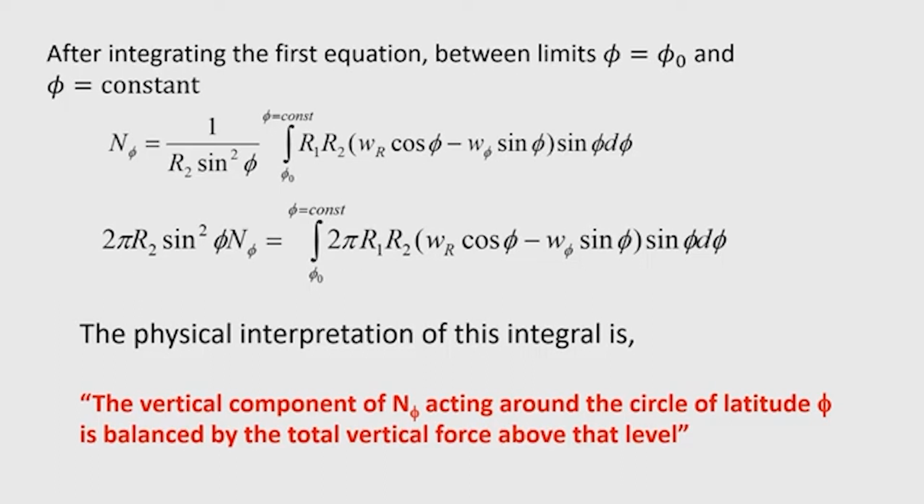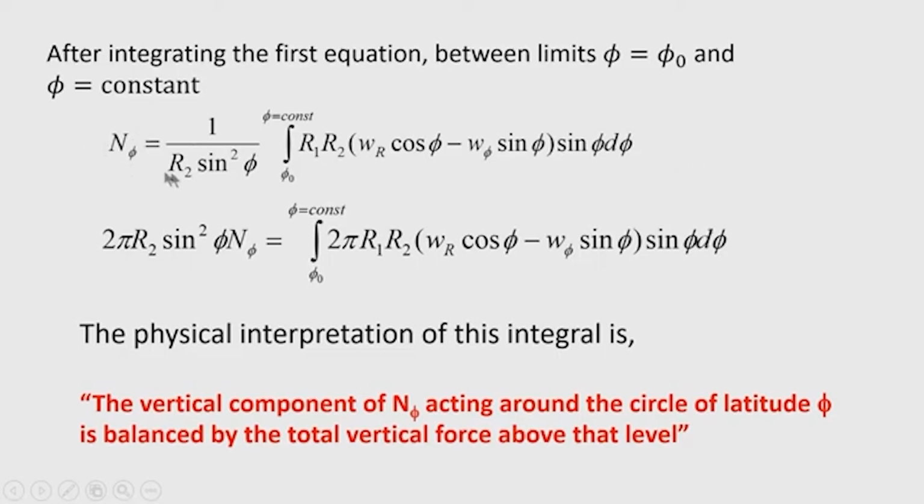The integrand is (W r cos phi minus W phi sin phi) sin phi d phi. So, the left hand side is n phi and the right hand side contains this integral expression. Because we are carrying out a definite integral, the constant of integration is not written here.